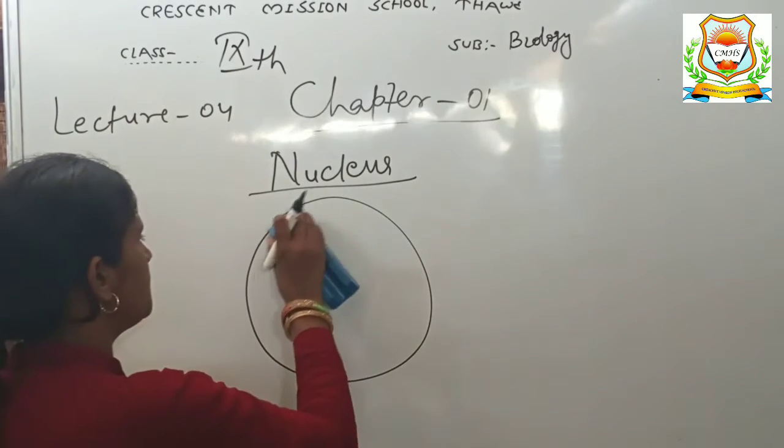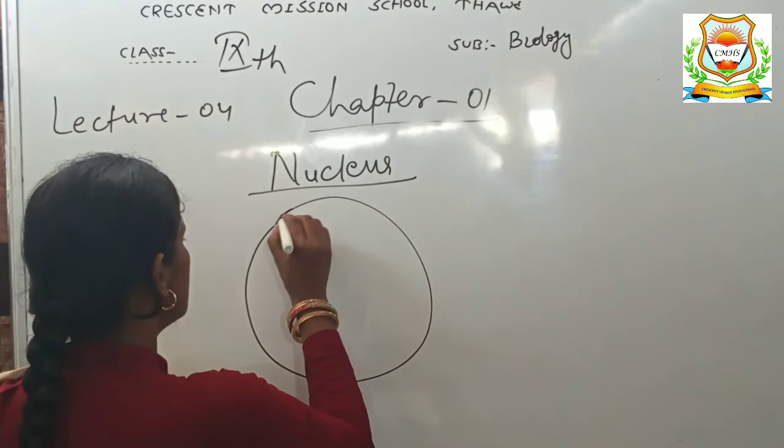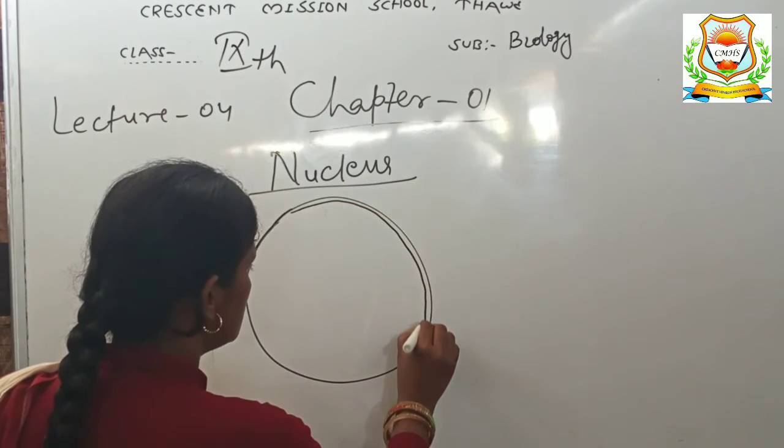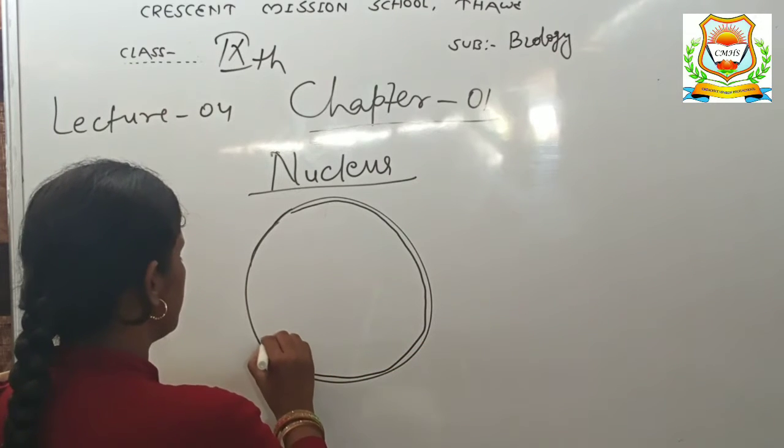This is the central part of a cell, the nucleus. It is a double membrane bounded organelle, called the nuclear envelope.